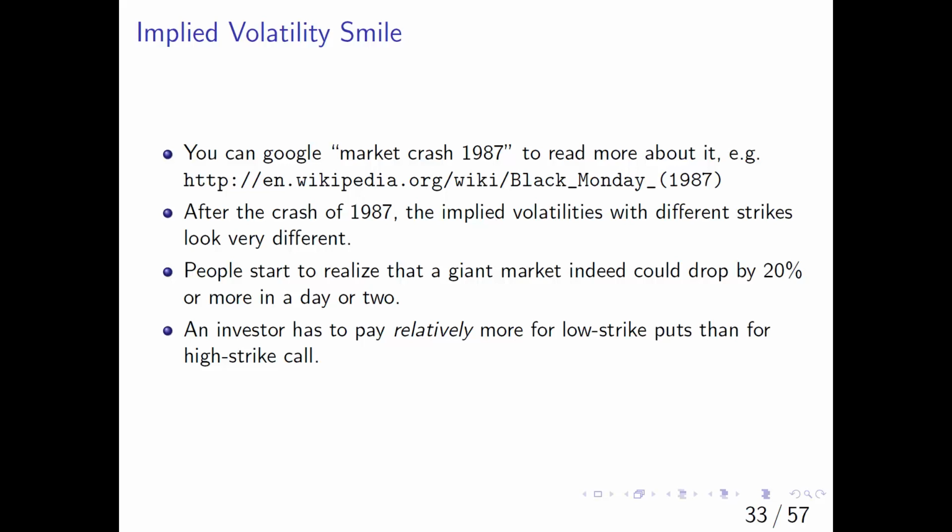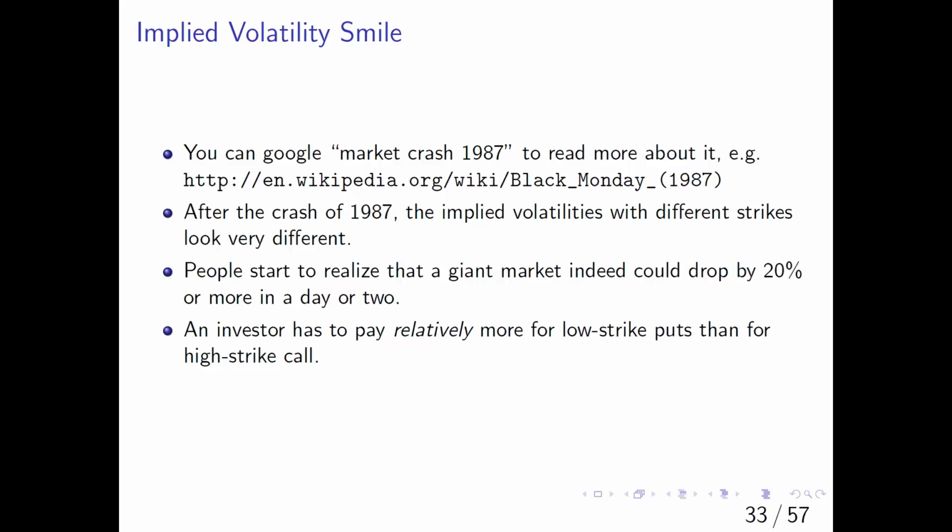Nobody wants to buy the deep out-of-money call, right? If the market is skyrocketing, going up by 22% in a day, everybody is happy. Who cares about the possibility that it goes up 20%? Nobody says, I want to hedge. On the other hand, a market crash is a real risk for everybody.